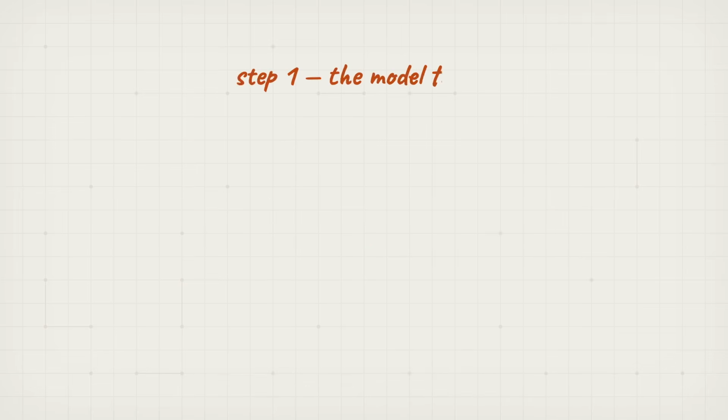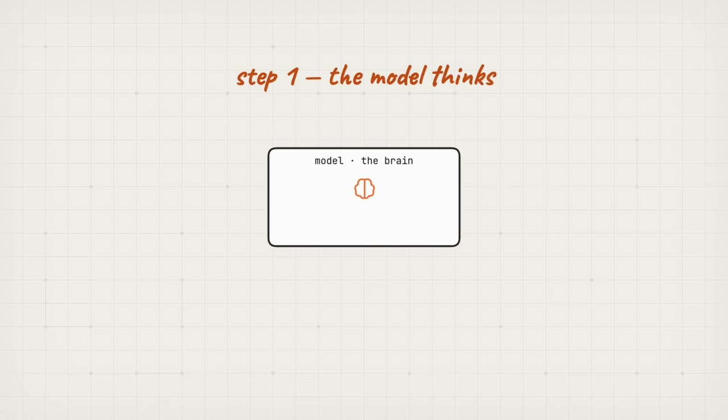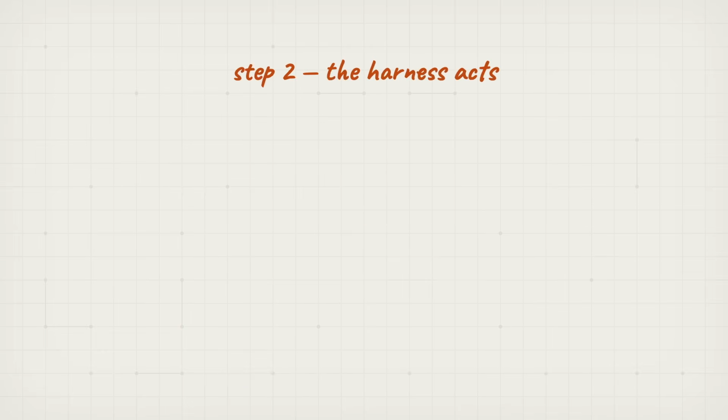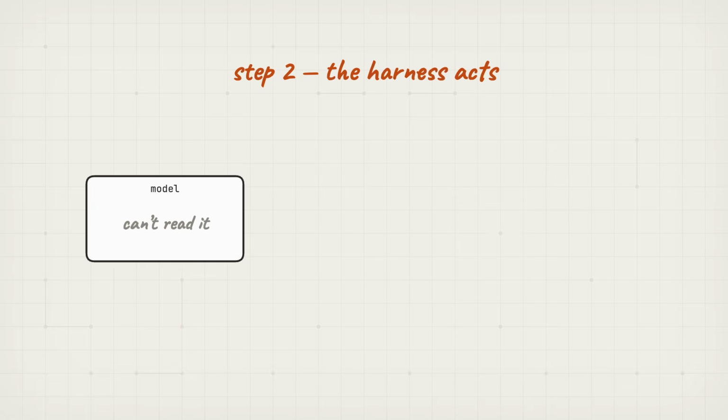In the first step, the model looks at the job that you gave it and it decides what the next action should be. For example, it thinks, okay, to fix the bug, first I should read the file. Now, here is the important part. The model itself cannot read the file. Remember, we just talked about that.